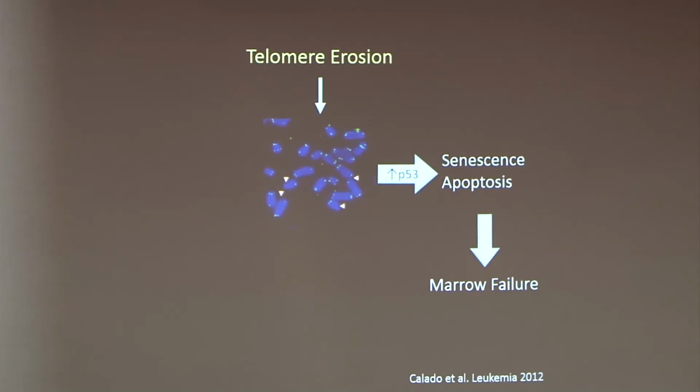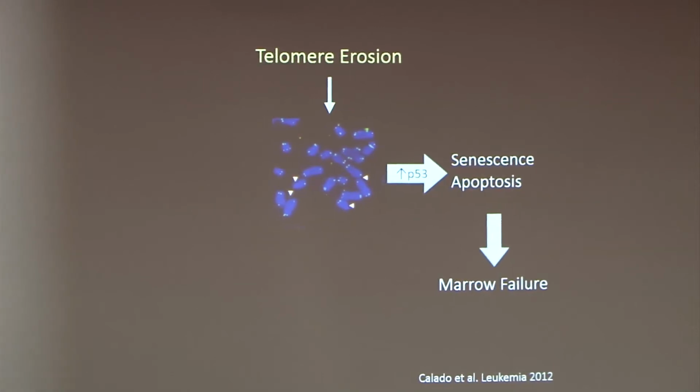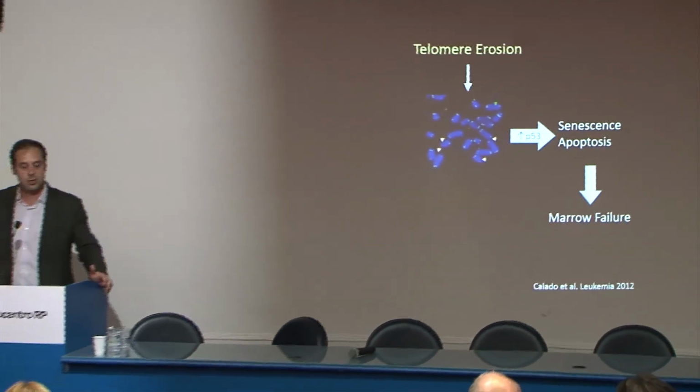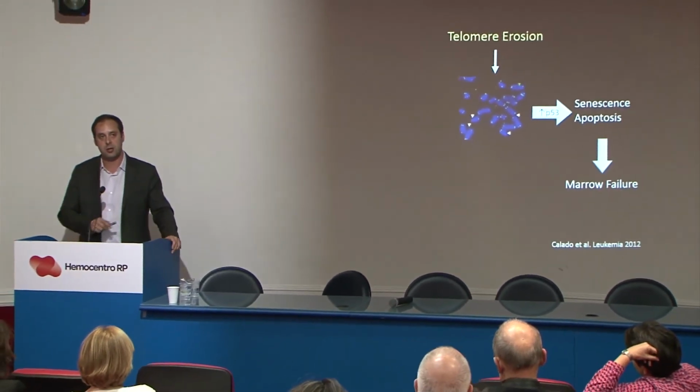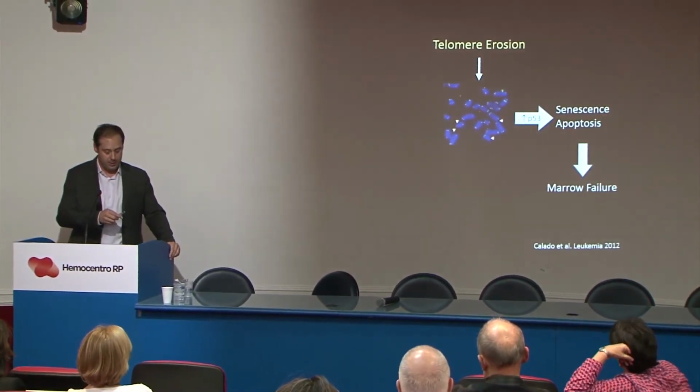They have mutations in components of the telomerase complex, and they have very short telomeres. In patients, the hematopoietic stem cell is incapable of adequate proliferation and adequately producing peripheral blood cells, and patients develop pancytopenia and an empty bone marrow.